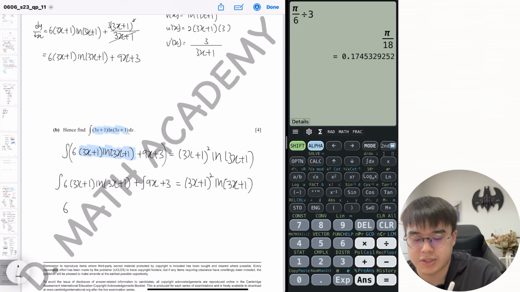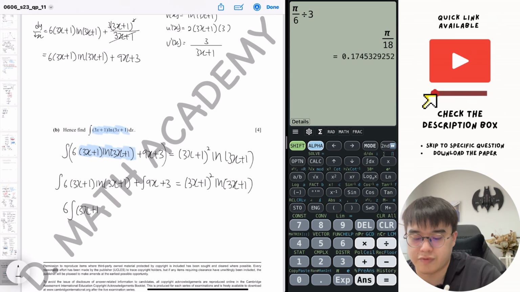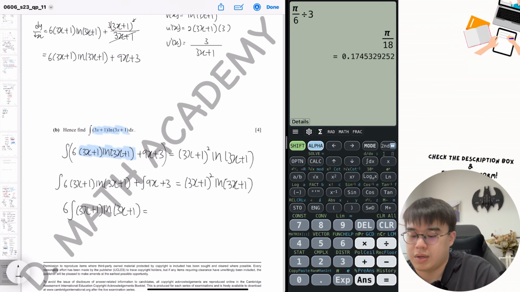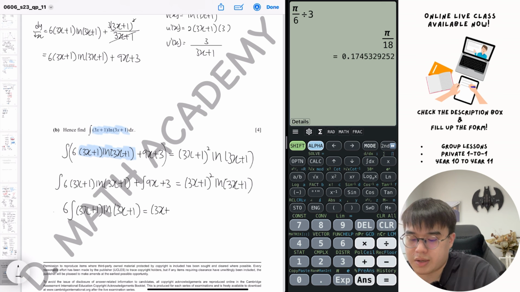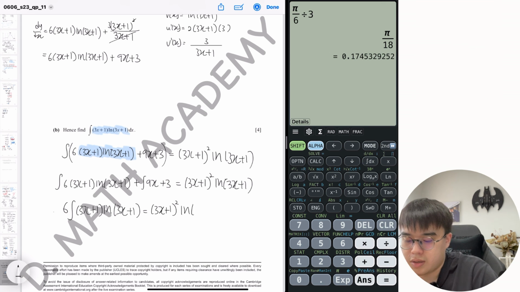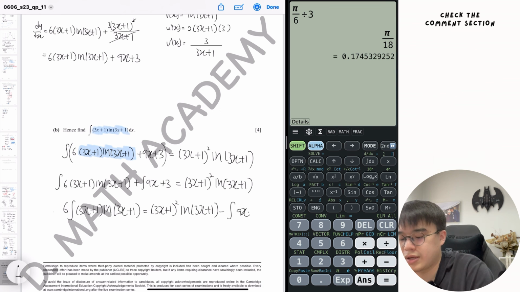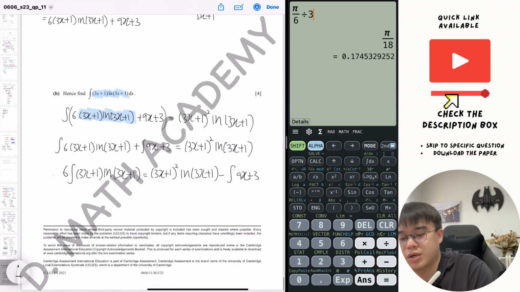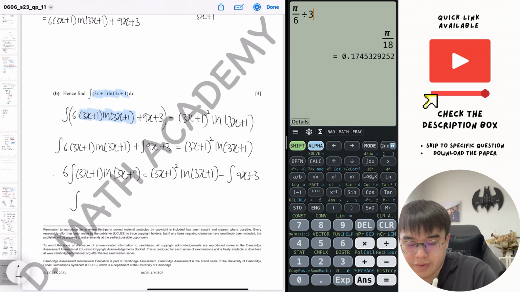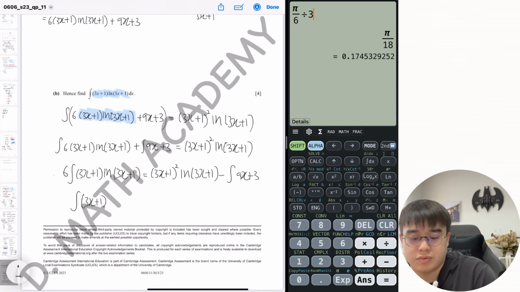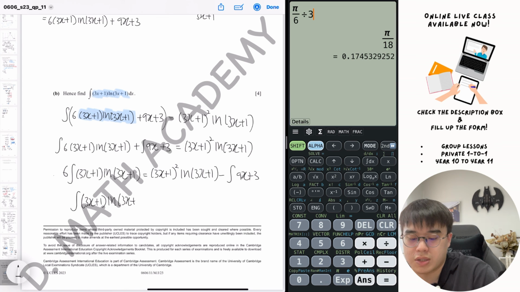Okay, take out the 6, then you'll be able to find the results that they wanted. And I copy it back, minus 9x minus 3. So the whole thing will be divided by 6 now to get to the answers that they wanted.